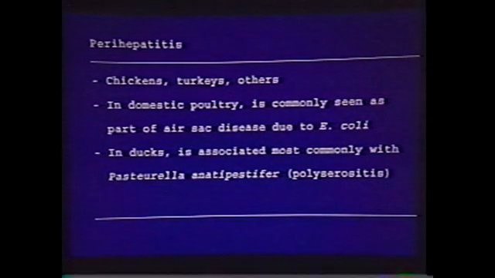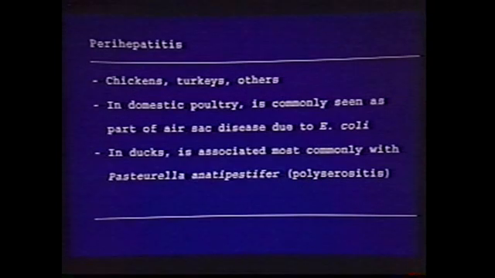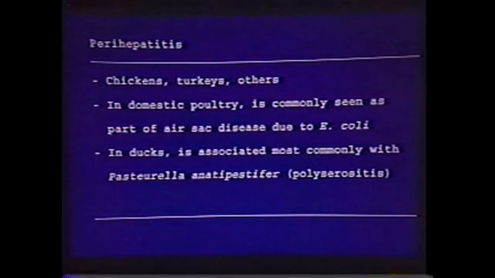viral respiratory infections. Sometimes management, such as high levels of ammonia or a dusty environment in the poultry house, can also predispose for infection with E. coli. So E. coli is by far the most common organism that is isolated from these cases.